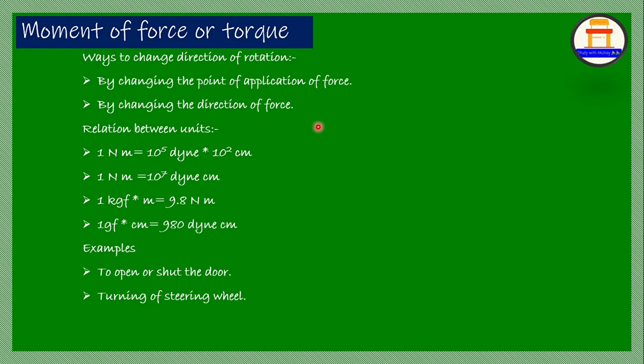Turning a steering wheel, again there is a perpendicular distance and force is applied, so it is a moment of force itself. Turning the front wheel of a bicycle: there is a perpendicular distance, and to tilt the wheel you apply force, so again it's a form of moment of force.